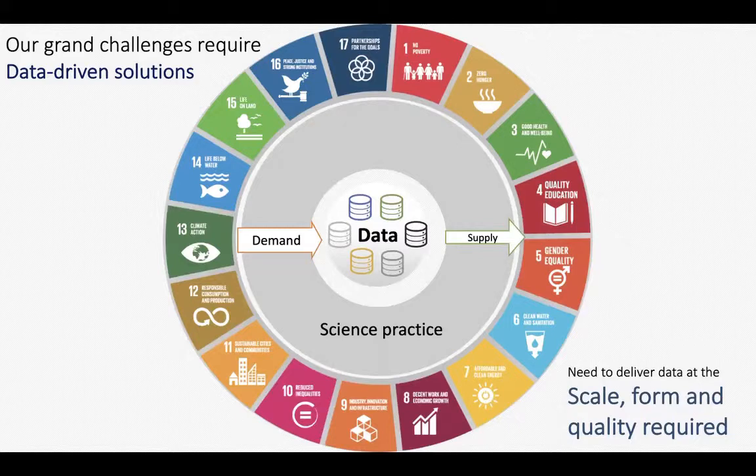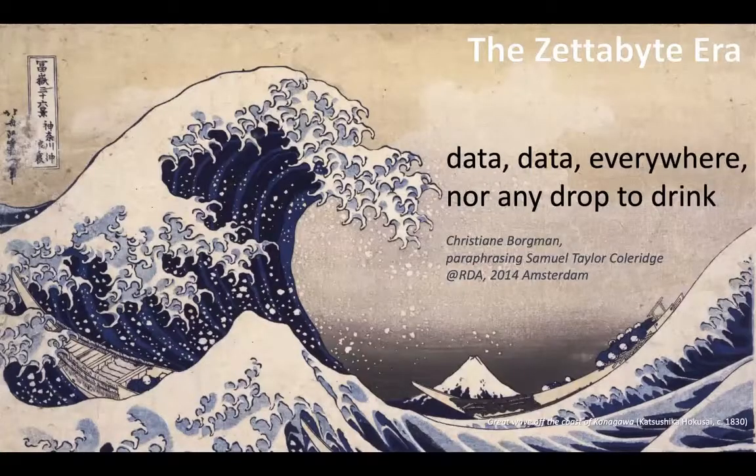So I'll start with a quote from Christine Borgman at the RDA in 2014, which was coincidentally the first RDA meeting I attended. And she paraphrased Samuel Taylor Coleridge in saying, data, data everywhere, nor any drop to drink.